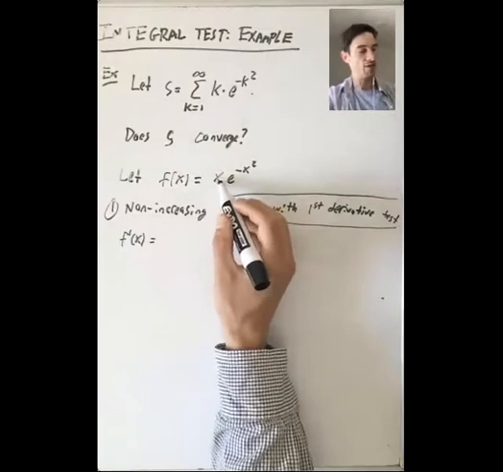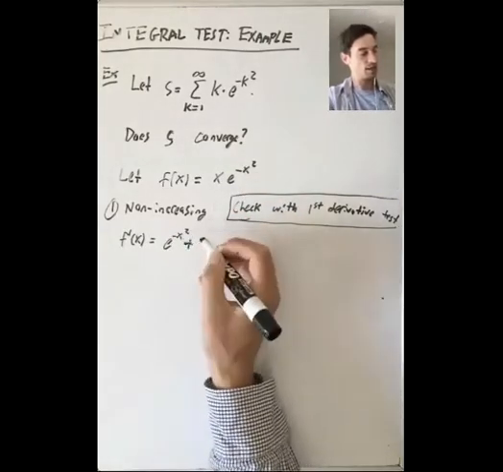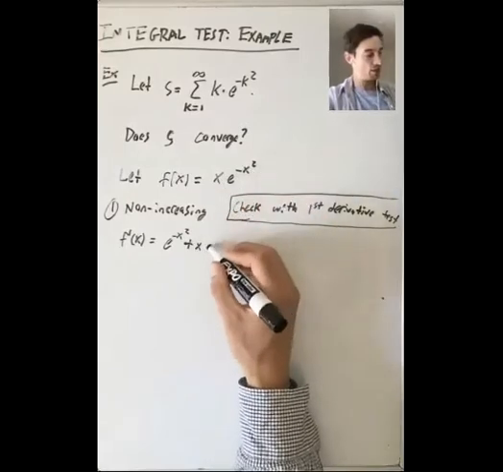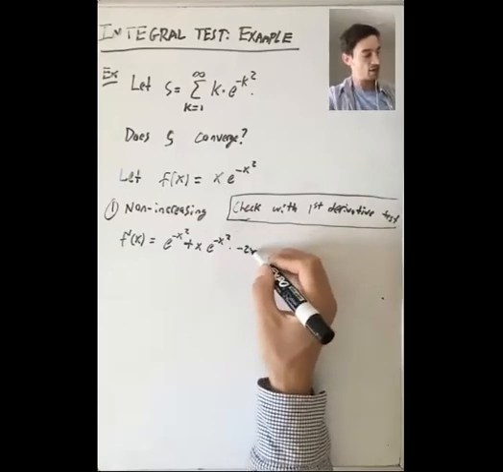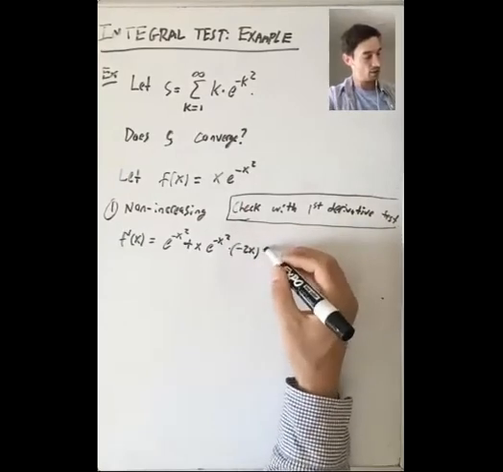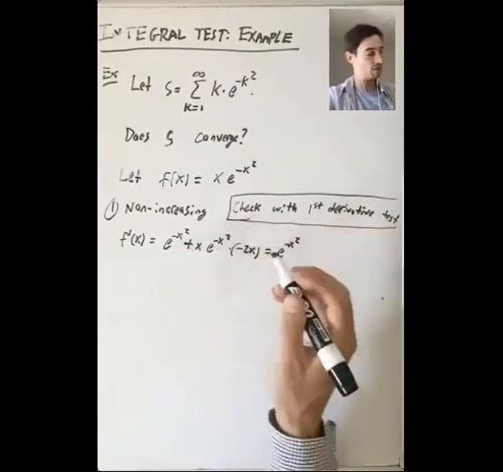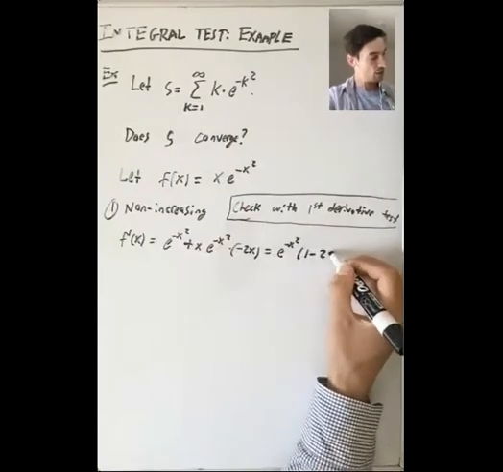We get the derivative of x times e to the minus x squared, plus x times the derivative of e to the minus x squared, which is e to the minus x squared times minus 2x from the chain rule. We can factor this. There's an e to the minus x squared common to both terms, and then we get a 1 minus 2x squared.